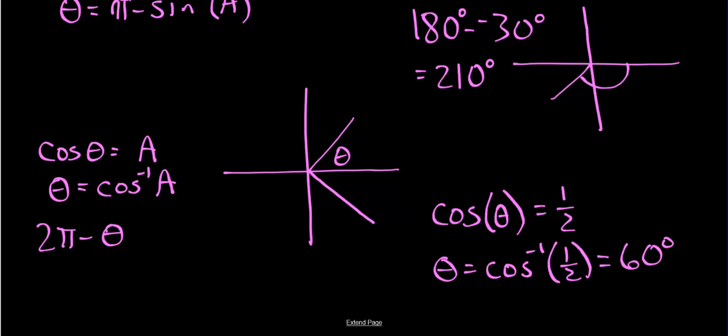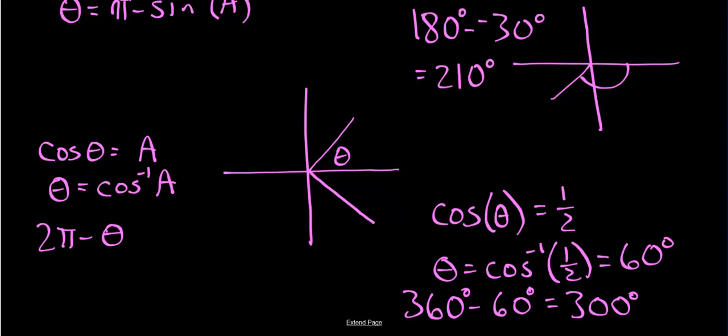The cosine of that angle is also 1/2. So what would we do? Well, we would take 360 minus 60, and we would get 300. And the cosine of 300 is also 1/2.